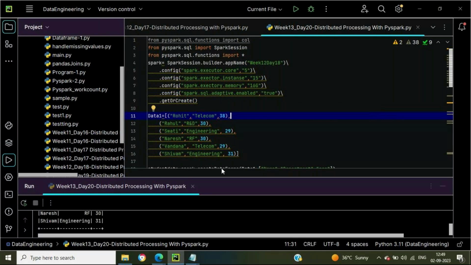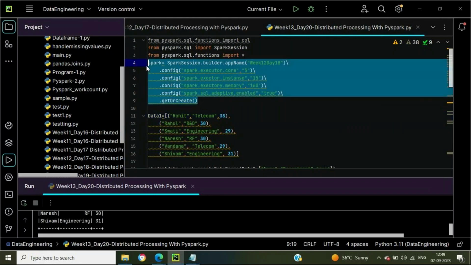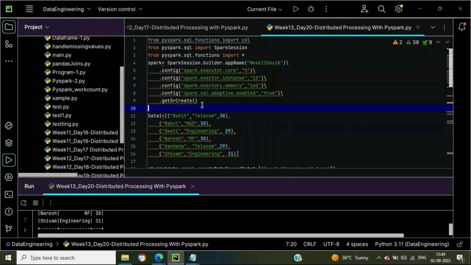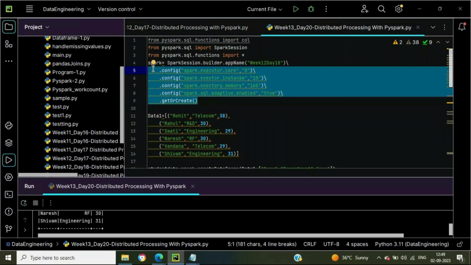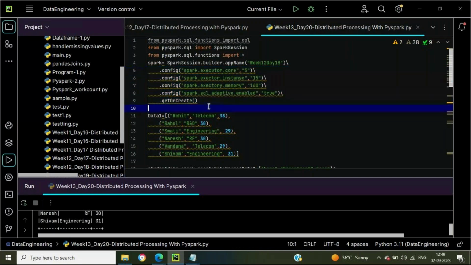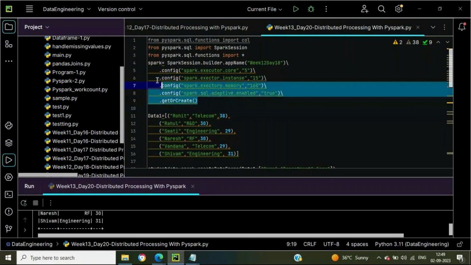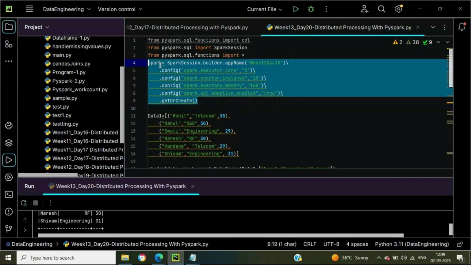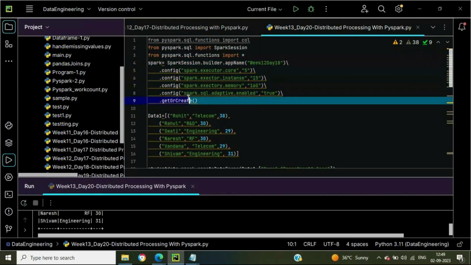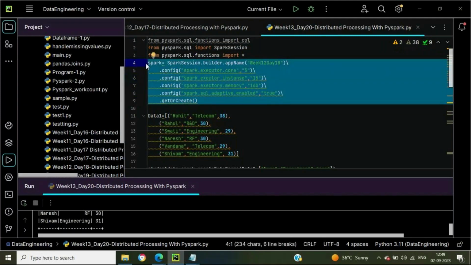This is a one node cluster only, so the local machine is not giving us a correct picture, but once we run these things onto the EMR cluster or on Databricks as well, we will change these properties over Databricks too.